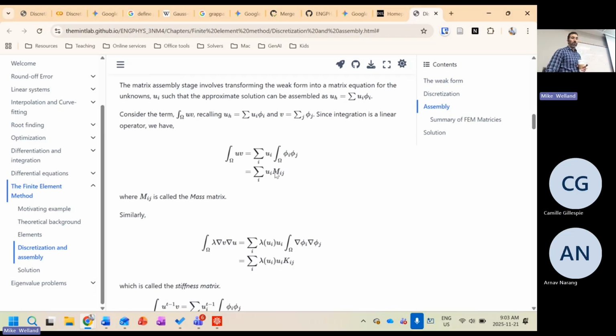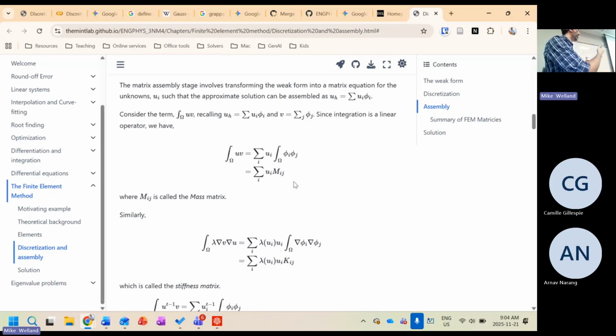Does this look like anything to you guys? We're swapping notations again. Sum over i of U_i M_ij. That looks kind of weird, right? This is the index notation for vector matrix.